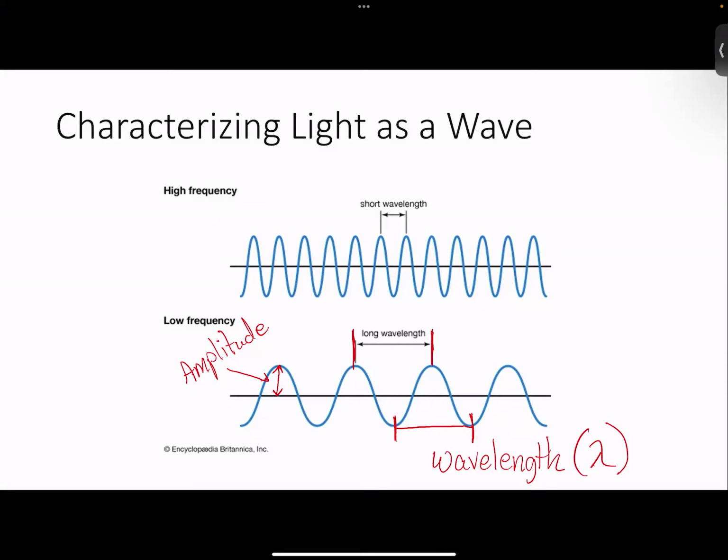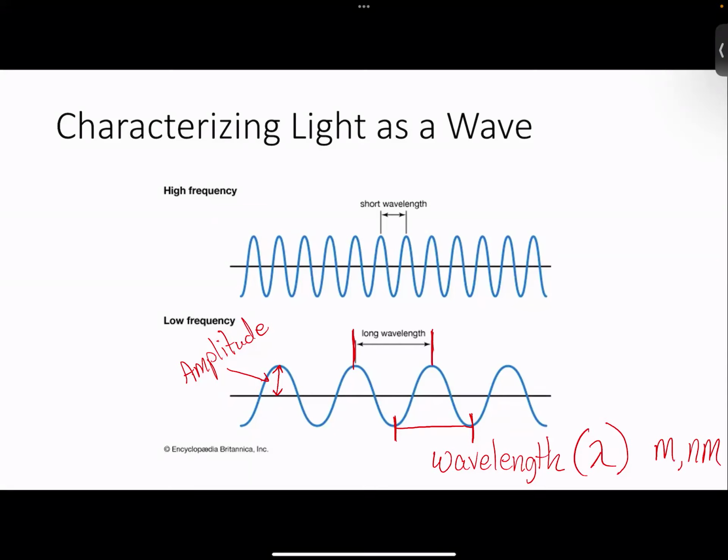Now, it is a length, and what is the most common unit for measuring length? Meters, centimeters. So wavelengths tend to be measured in meters, or as we discussed yesterday when you were looking at the hydrogen lamp, in nanometers.